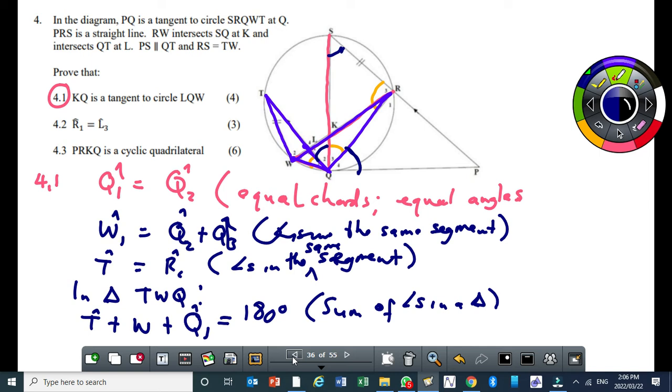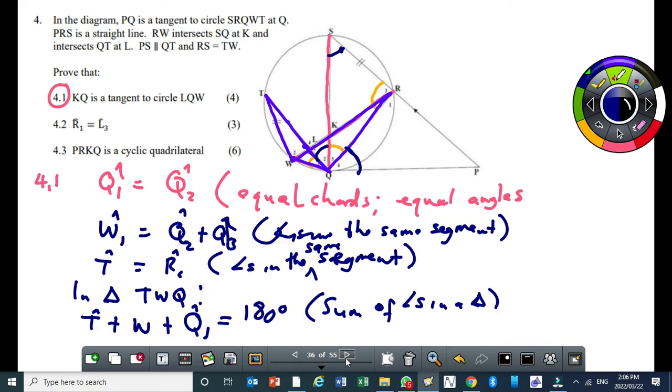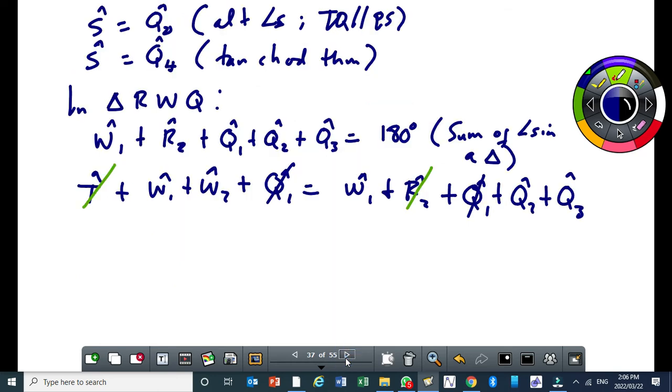But do you agree with me that Q3 is equal to Q1? Do you agree with me on that? Q3 is equal to what? Yes. Is equal to Q1. Right? So if Q3 is equal to Q1, it means this Q3 is equal to Q1.